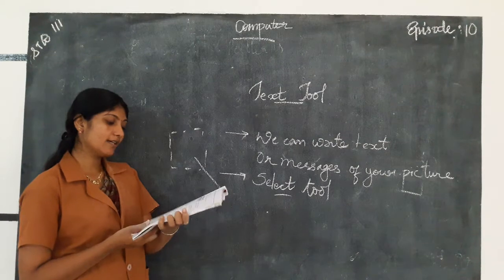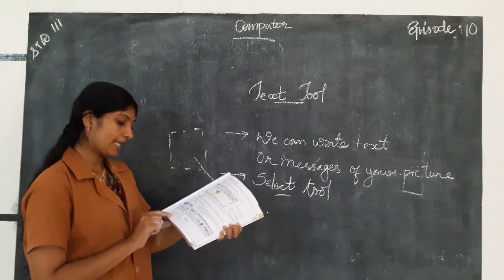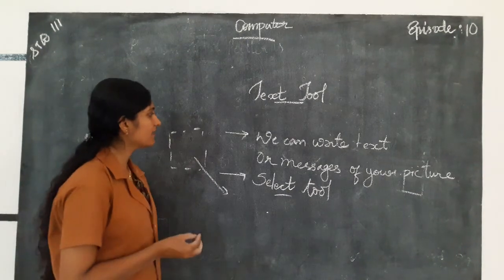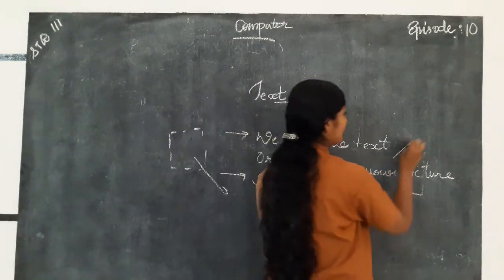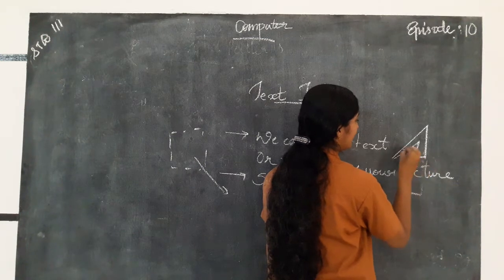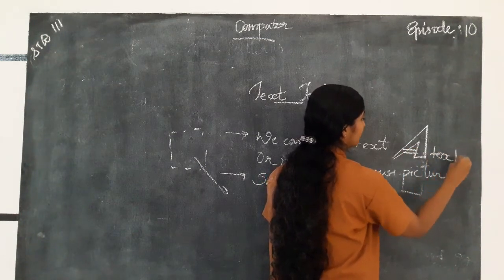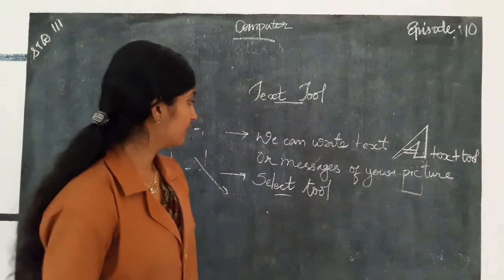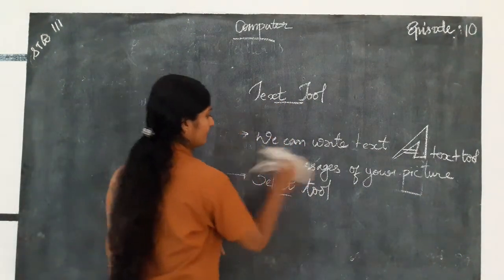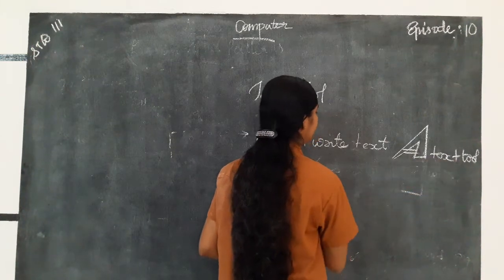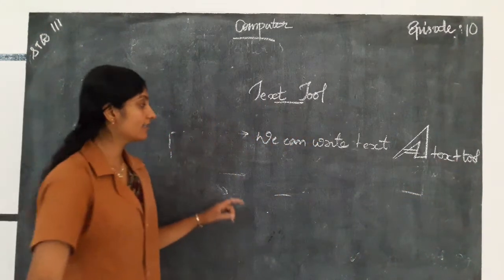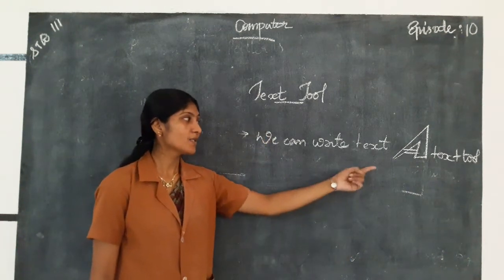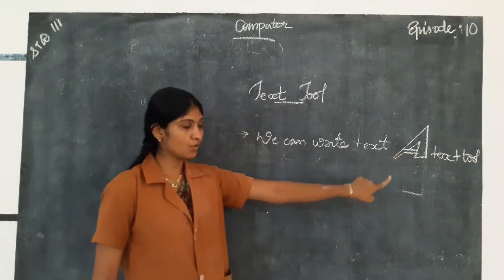So first one, click on Home tab, then go to the text tool. So this is the text tool. So once again, first we can write text using the text tool.